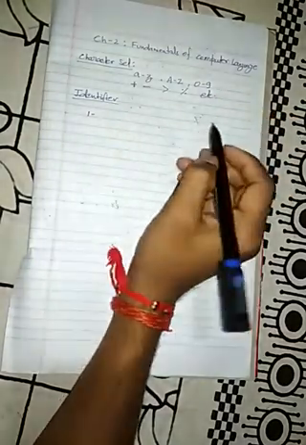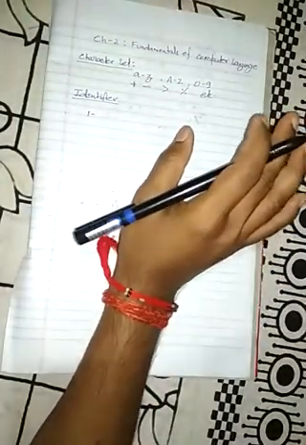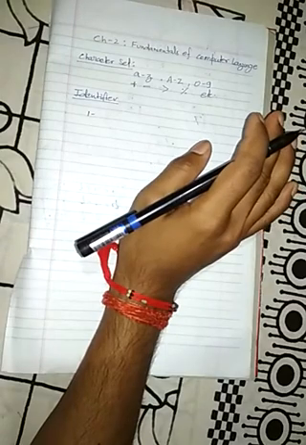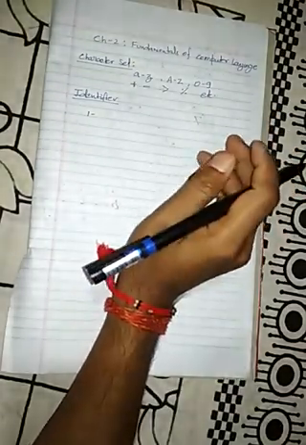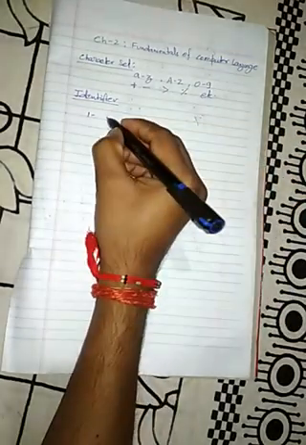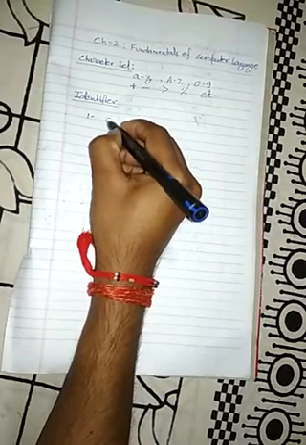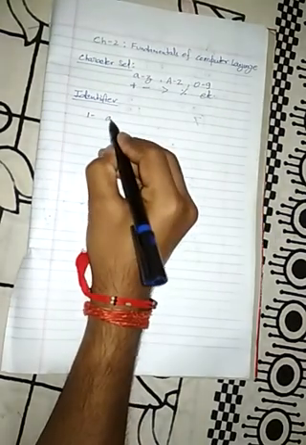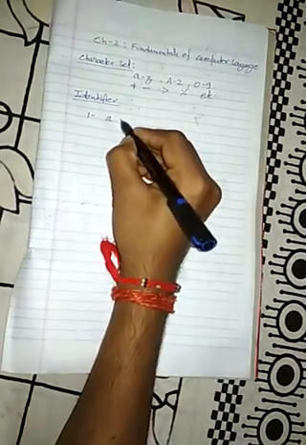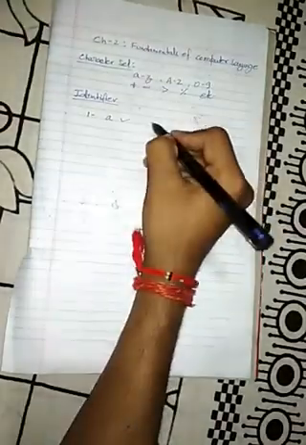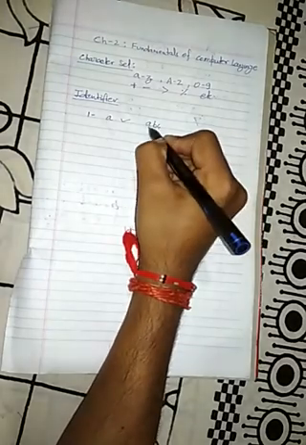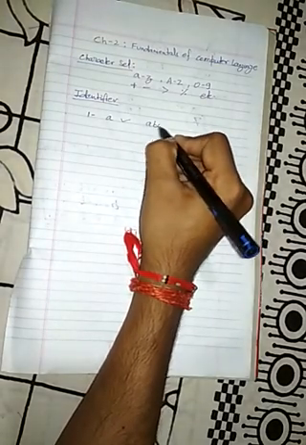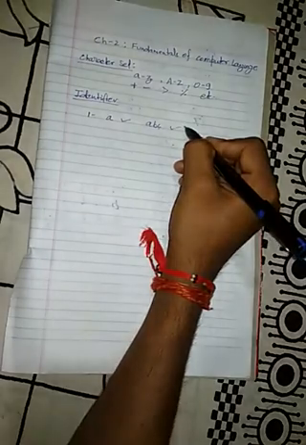Just ignore the underscore sign, and mind this point: the first letter must be an alphabetic character. If the first letter is not an alphabetic character, it is not an identifier. Suppose I'm taking A as a name, it is an identifier. If I'm taking ABC, the first letter is an alphabetic character, so it is also an identifier.